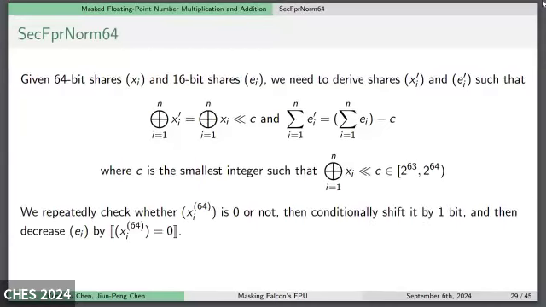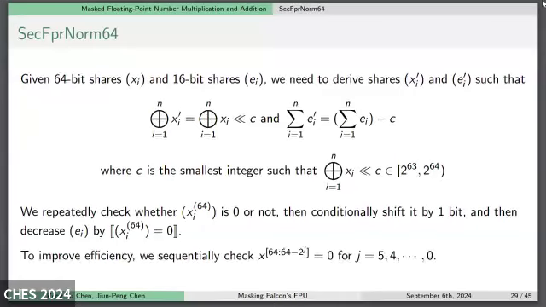Our idea is to repeatedly check whether the 64th bit of X is 0 or not with our secure zero check gadget. If it's 0, then we shift it by 1 bit and subtract 1 from E. If it's not 0, then we don't shift it and we don't decrease E. To improve efficiency, we don't check one bit at a time. We sequentially check a power-of-2 number of bits at a time.